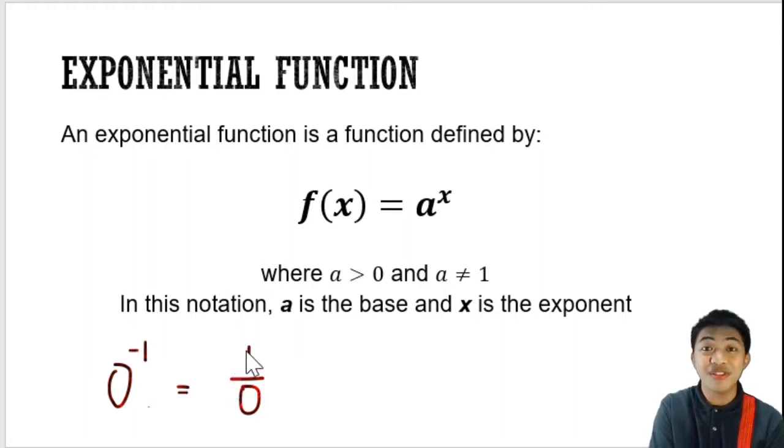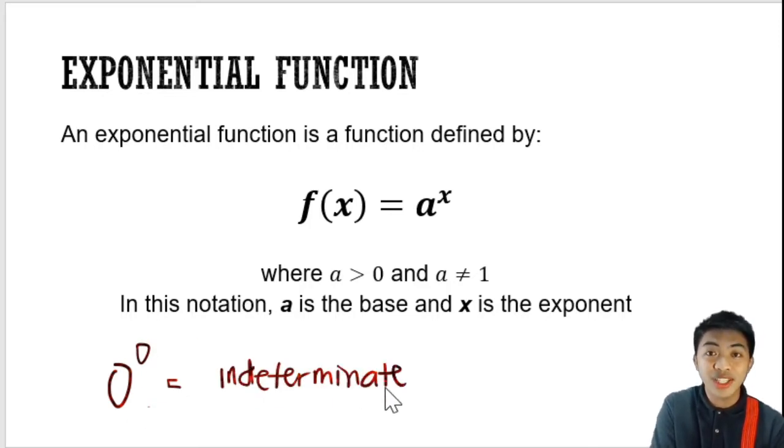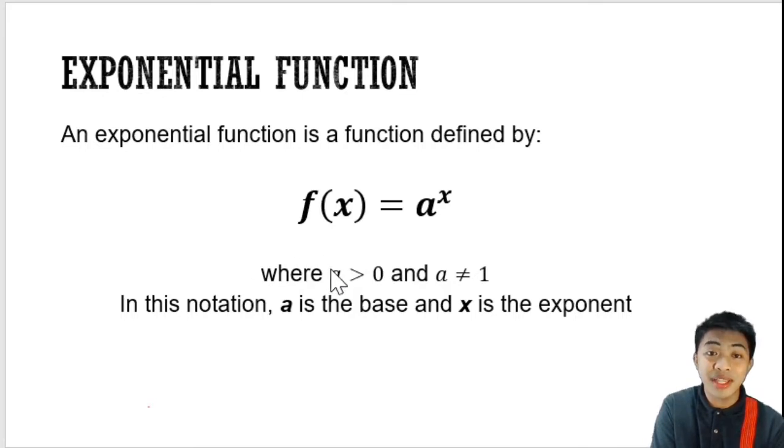So, hindi to magfa-function. Another important thing to note is 0 raised to 0, isa na naman tong hindi pwedeng i-plot because 0 raised to 0 is indeterminate. Ano ulit ang indeterminate? These are numbers that has different values in different cases. So, hindi pwede na ang base ay negative, hindi din pwede na ang base ay 0.